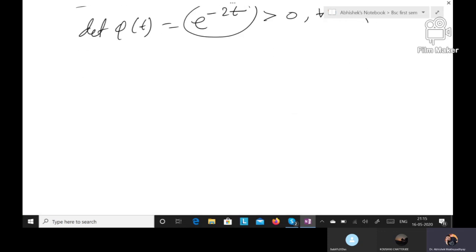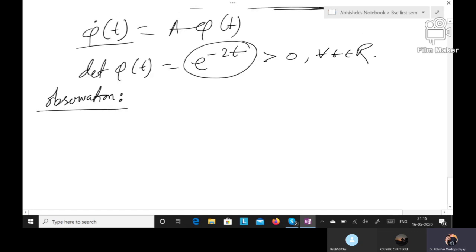Now we need to put a deeper view on these facts.